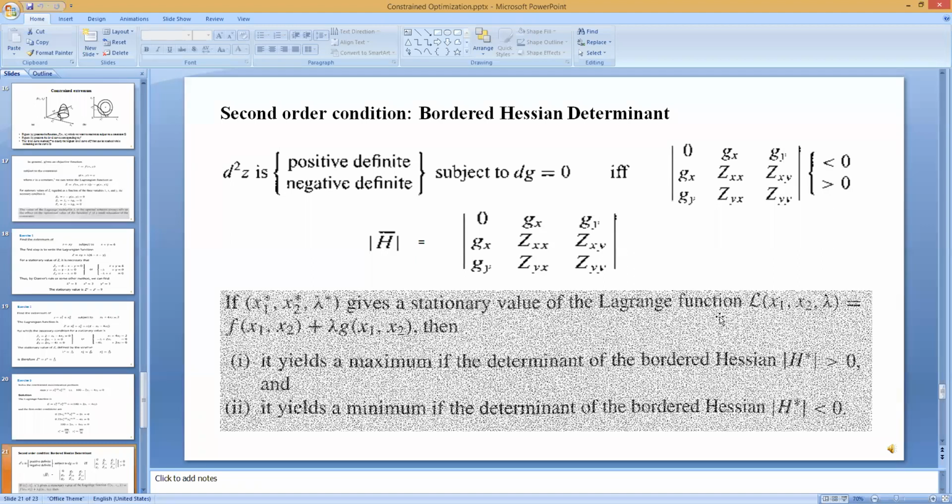Please write down: this condition holds if and only if the determinant with 0, gx is f1, gy is f2, zxx is f11, zxy is f12, zyx is f21, zyy is f22, is less than 0.